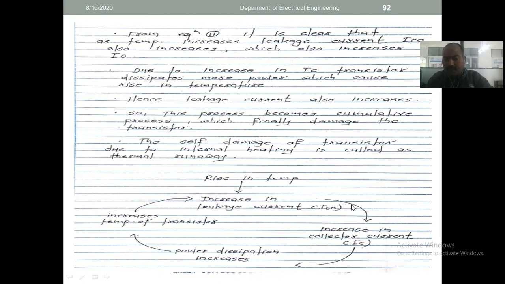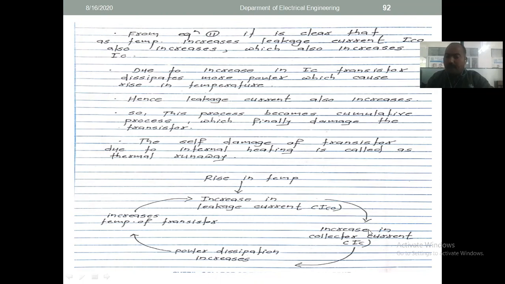Due to the increase in leakage current, the output current, which is the collector current, changes. The collector current is the addition of the current flowing due to minority charge carriers and the current due to majority charge carriers. The majority current has the same value, but the minority charge carrier current increases.